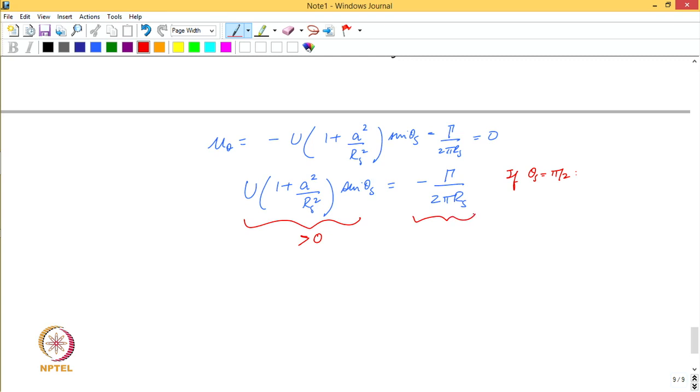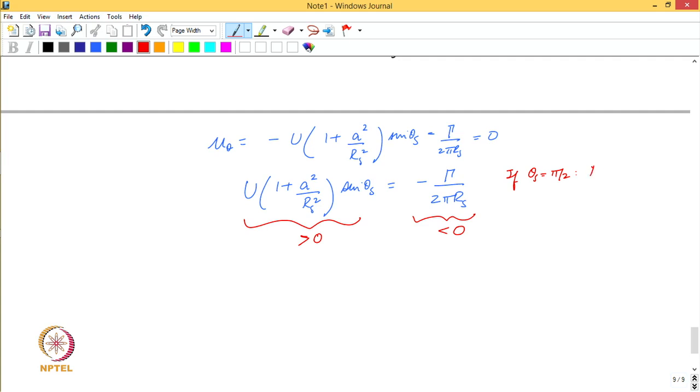But the right hand side is actually a negative number. So, clearly this equation cannot be satisfied if theta s is pi by 2. A positive number cannot be made equal to a negative number. So, this is not a solution to our problem.